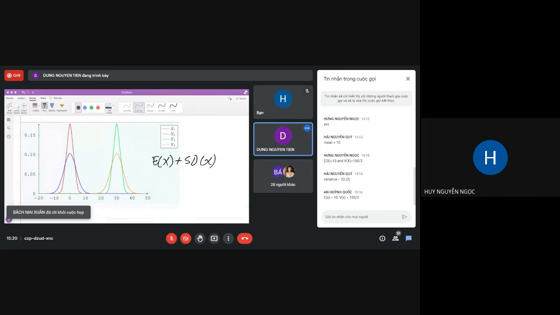Which one gives you the greatest sum? The orange one. Why is that? X4. Why do you think that it is X4?